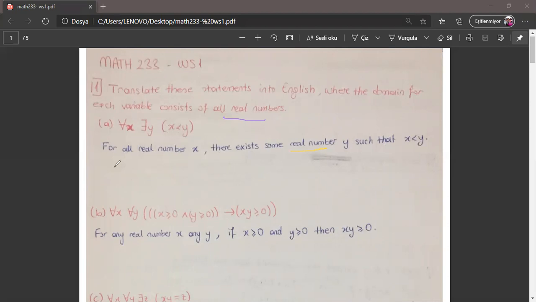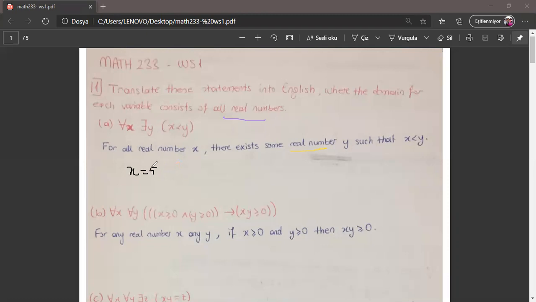Let's give some example. This "for all X" means that you can pick any real number for X. Let's pick X equals 5.